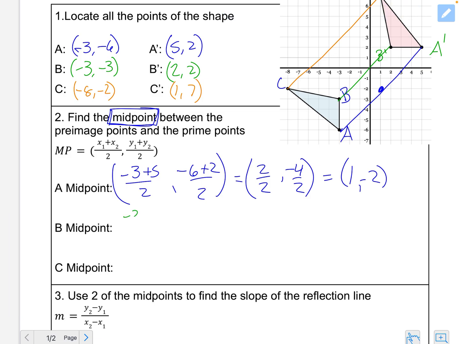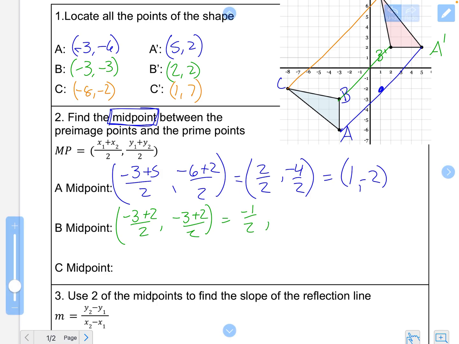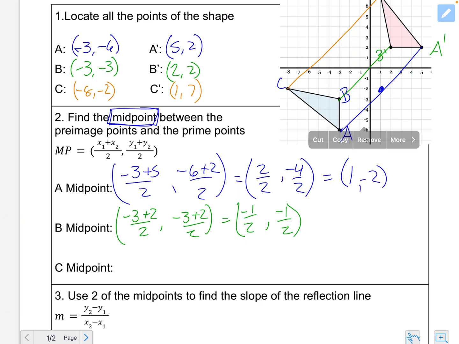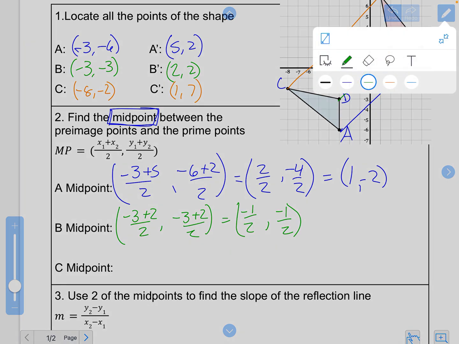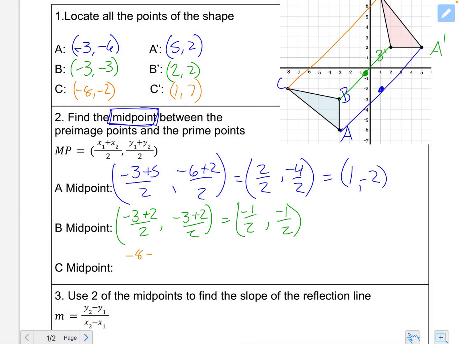So B, we have -3 plus 2 over 2, and we have -3 plus 2 over 2. So I get a -1/2 and a -1/2, and that's as simple as it gets. So that's the midpoint for B. And then finally we have C, -8 plus 1 over 2, -2 plus 7 over 2.